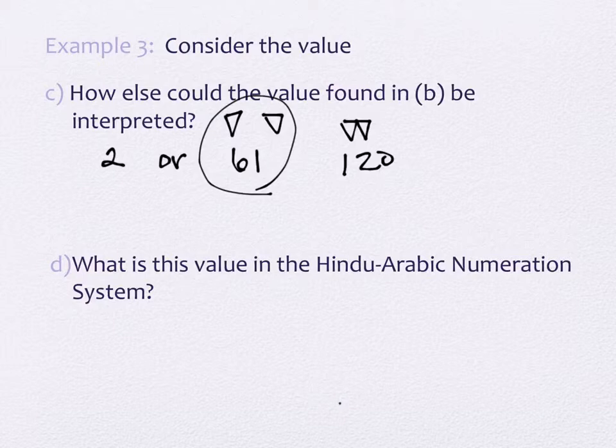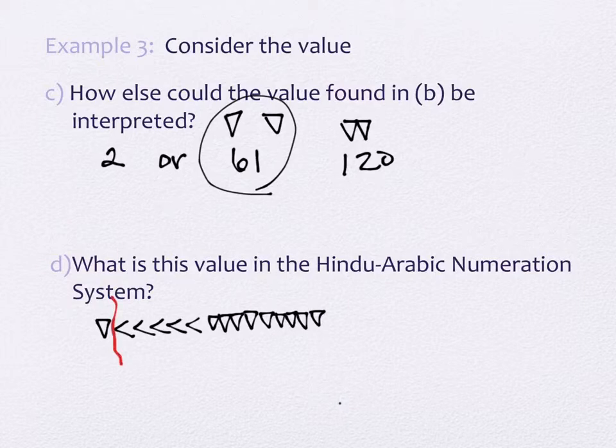So what is the value that we originally had in our system? Well, the original number that we were given had a 1 here, it had 5 arrows here, and then it had 9 of these. We talked about the fact that we have to draw a place value break here because it's a smaller number in front of a larger number. So in the original number we were given, this is the 60s place and this is the ones place, right?